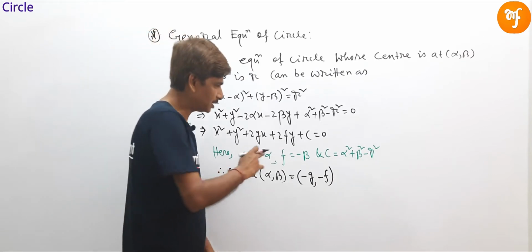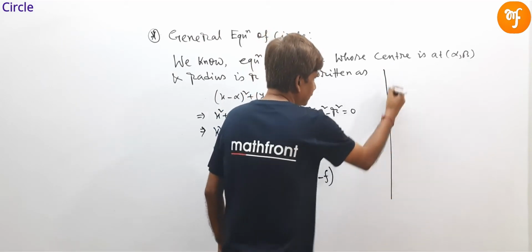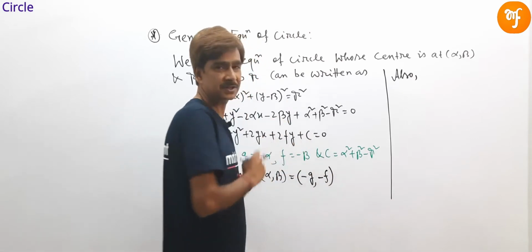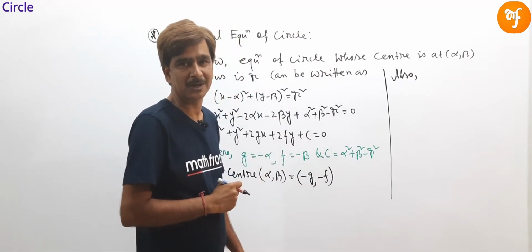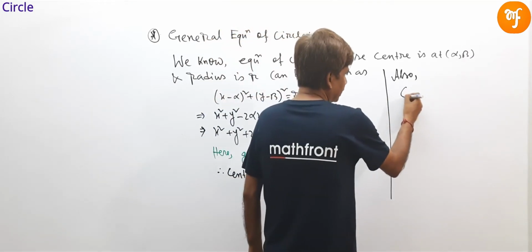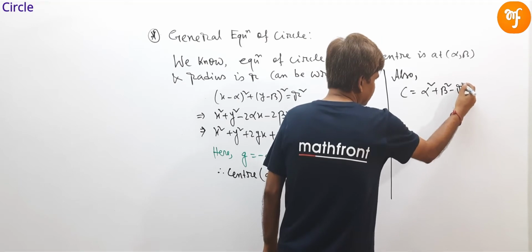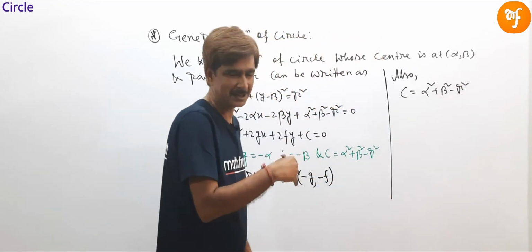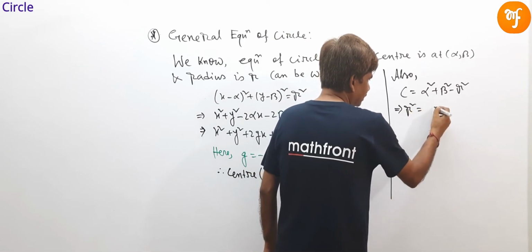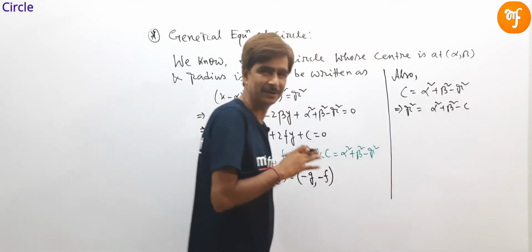Okay. And also finding the radius. Also, we see c is equal to alpha square plus beta square minus r square. From here we get the radius. So, making the side change, we can write r square is equal to alpha square plus beta square minus c. Okay.